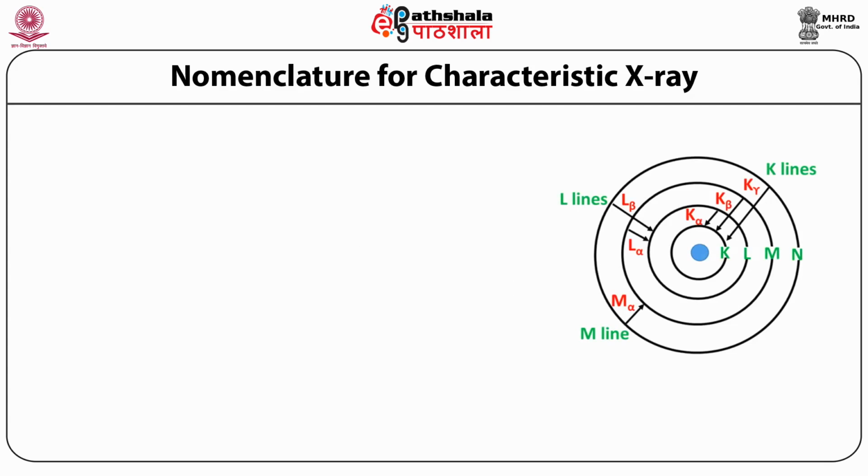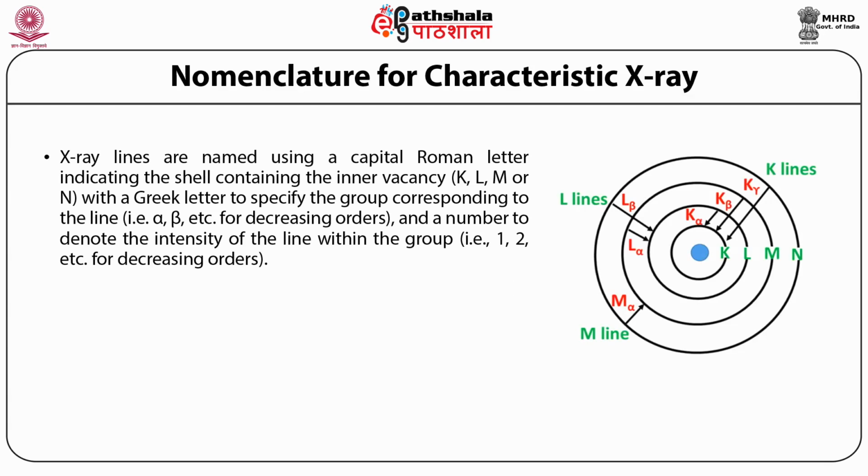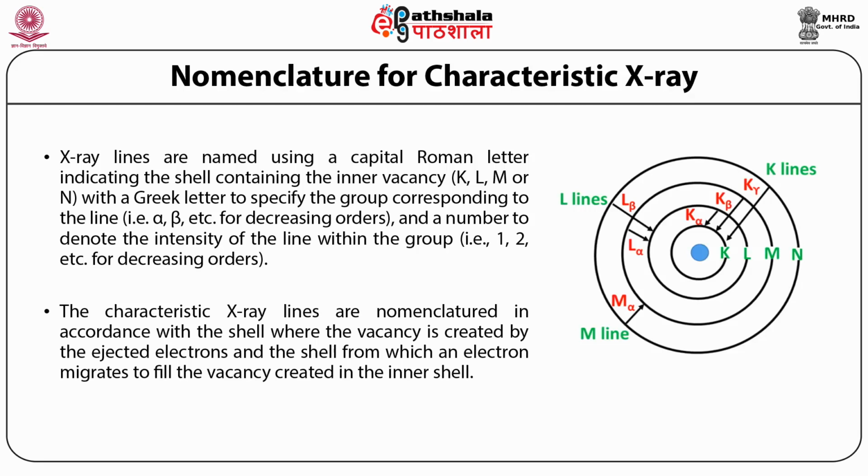Characteristic X-ray nomenclature. The X-ray lines are named using a capital Roman letter indicating the shell containing the inner vacancy, K, L, M or N, with a Greek letter to specify the group corresponding to the line, that is alpha, beta, etc., and a number to denote the intensity of the line within the group, that is 1, 2, 3, etc. The characteristic X-ray lines are named in accordance with the shell where the vacancy is created by the ejected electrons and the shell from which an electron migrates to fill the vacancy created in the inner shell.